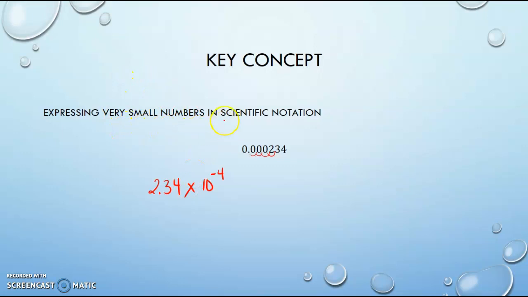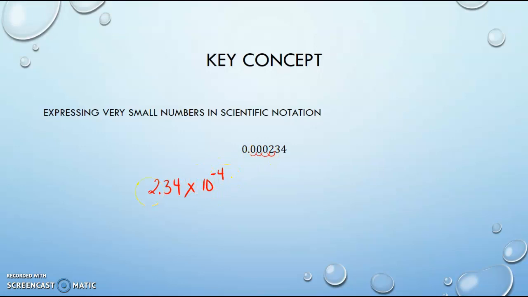So, expressing very small numbers in scientific notation, again, we want that first factor to be greater than 1 but less than 10, and then a product with a power of 10, and in this case that would be 10 to the negative 4.